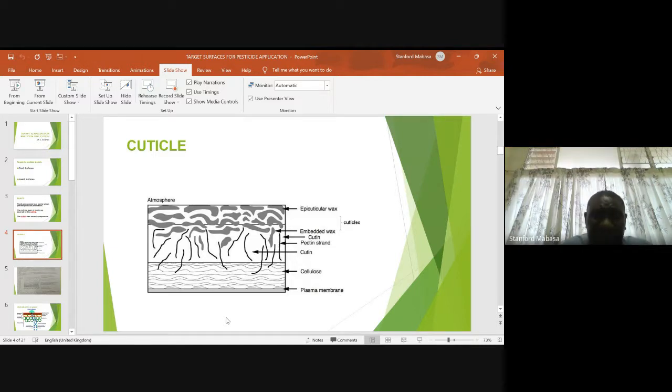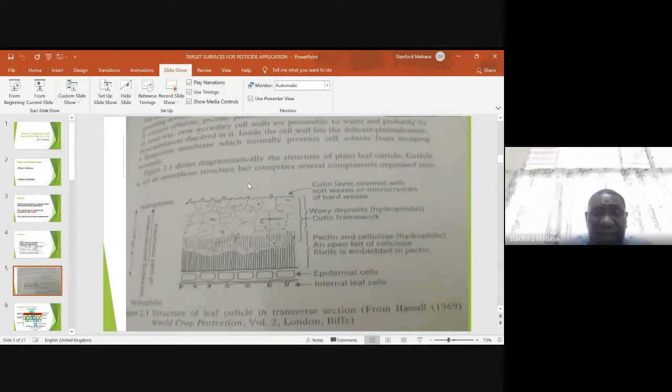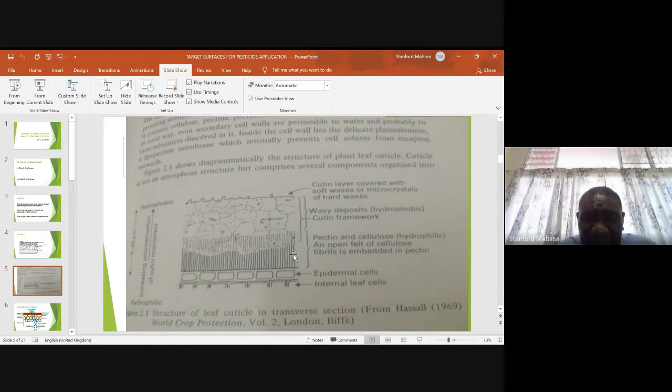So I was saying that the cuticle can prevent the pesticide from passing through. Here again, I've got the diagram, just like the first one, showing the cuticle. At the outer surface, we've got some wax. And this wax is also embedded in cutin.